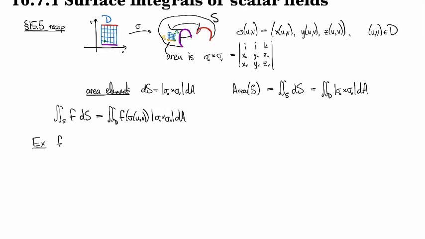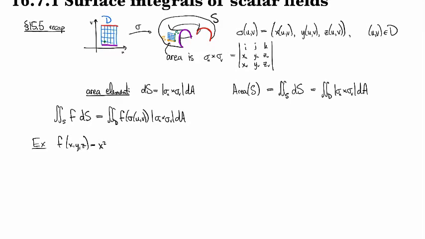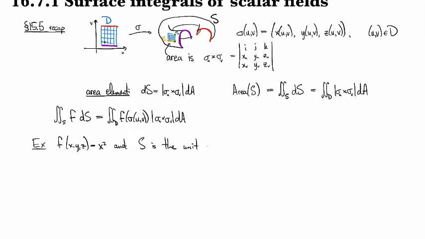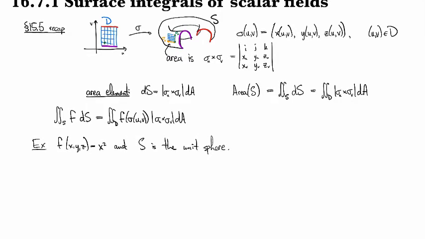So suppose we take f to be x squared, and S is going to be the unit sphere. And so I took this one because, hey, we already know how to parameterize the unit sphere. We use spherical coordinates.